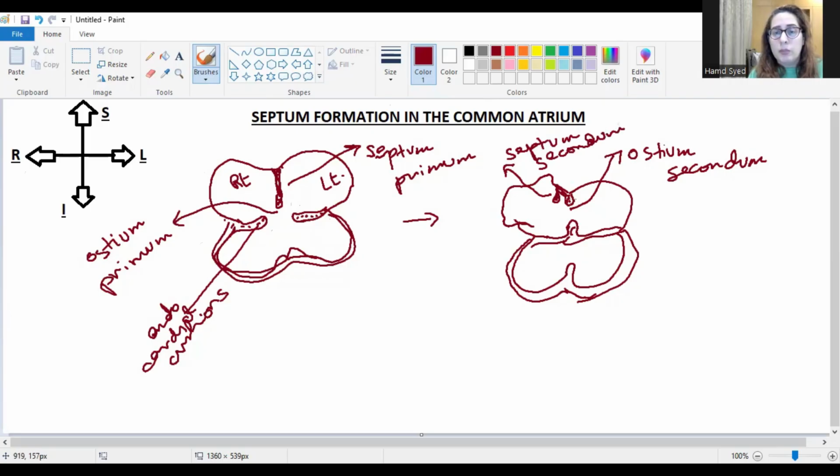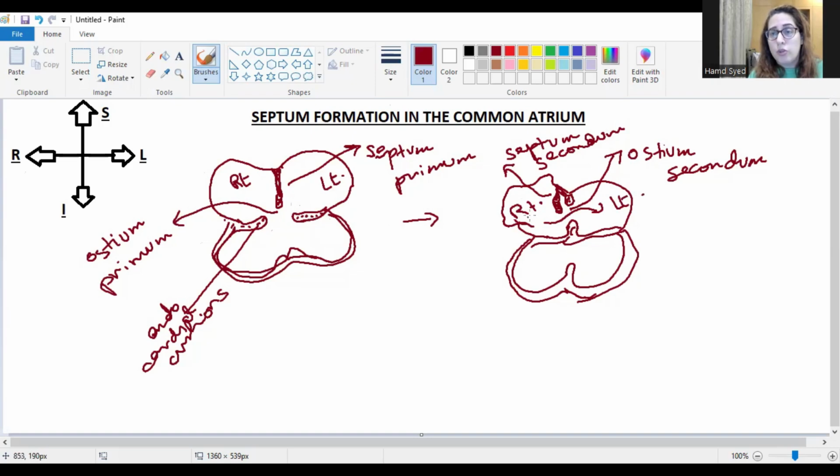But this one doesn't completely grow downwards. It just remains in the upper part of the common atrium, but it is responsible for a partial overlapping of this ostium secundum. And this ostium secundum now becomes a passageway for the flow of blood from the right atrium to the left atrium.